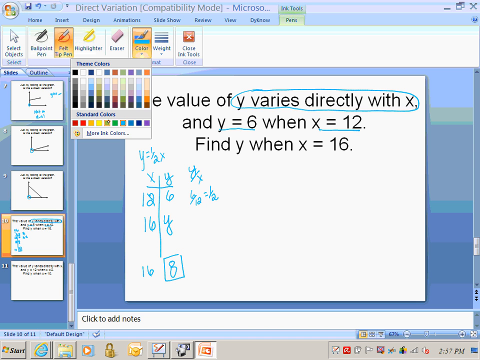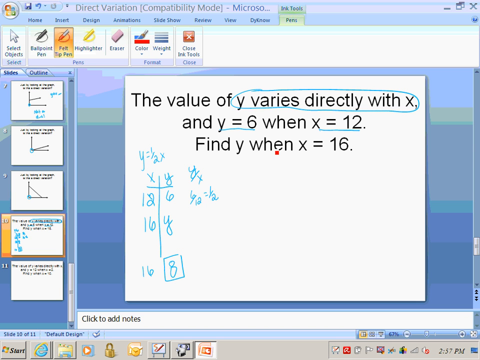Another way to do this problem, if I have y equals k times x, use the first ordered pair. Fill that in. So if y is 6, that's going to give me k times x, which is 12. If I solve for k, I could divide by 12.